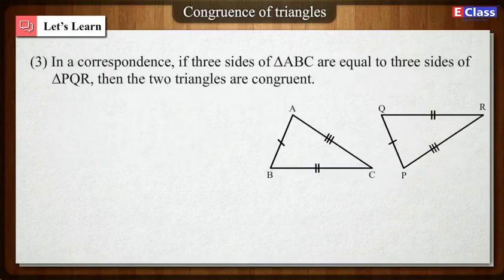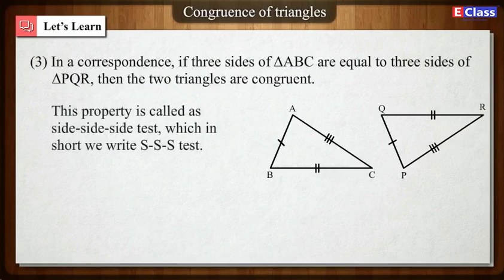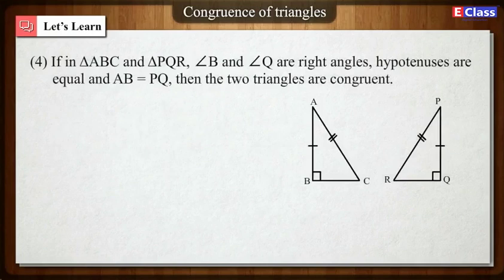3. In a correspondence, if 3 sides of triangle ABC are equal to 3 sides of triangle PQR, then the 2 triangles are congruent. This property is called the side-side-side test, which in short we write SSS test. 4.